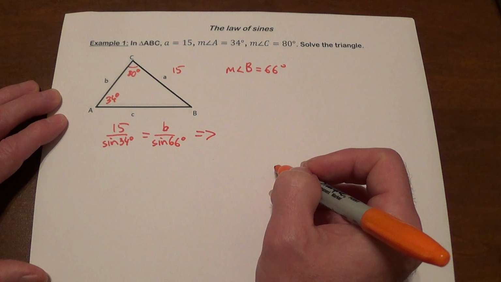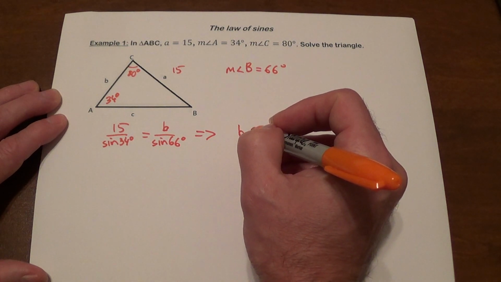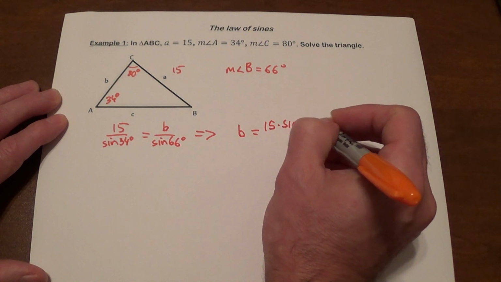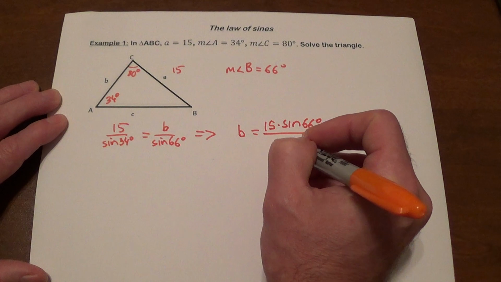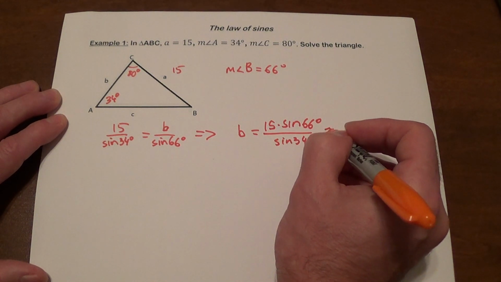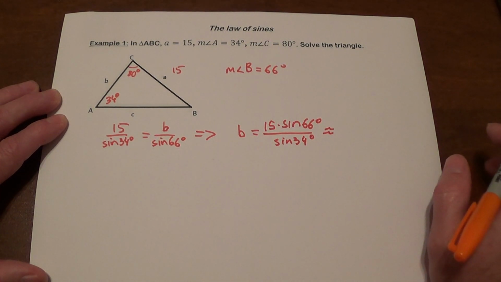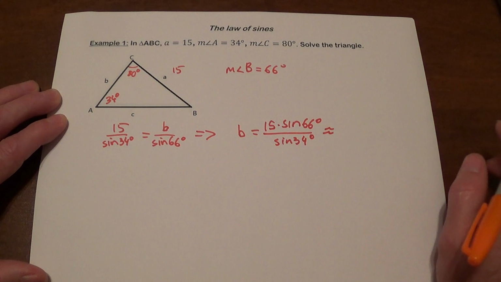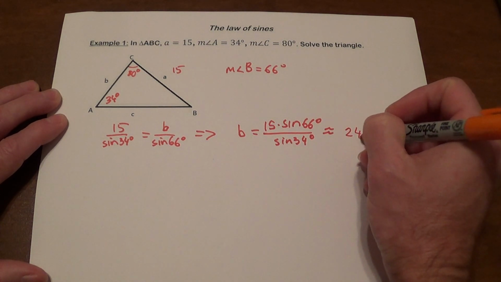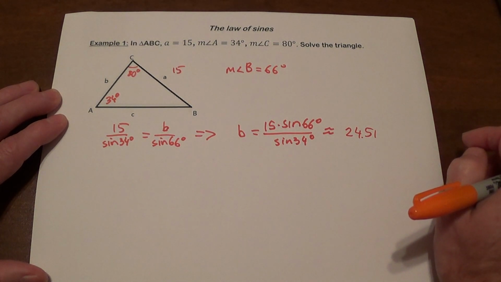It's pretty easy to do by solving this proportion: b is going to equal 15 times sine 66 degrees over sine 34 degrees. We can plug it in the calculator. Make sure your calculator is in degree mode. Don't use radian mode because it will not give you the right answers. The answer is going to be approximately 24.51. We're rounding to 2 decimal places.